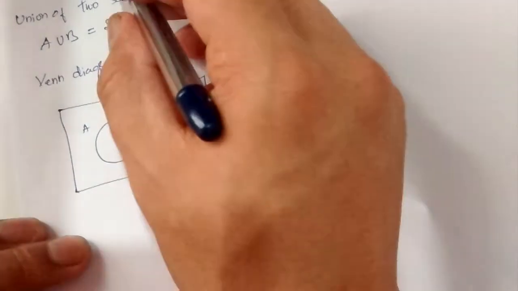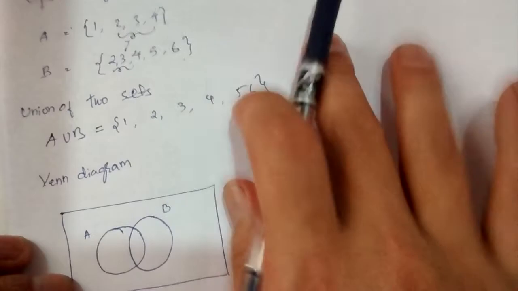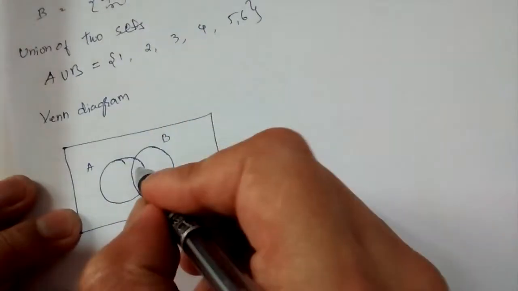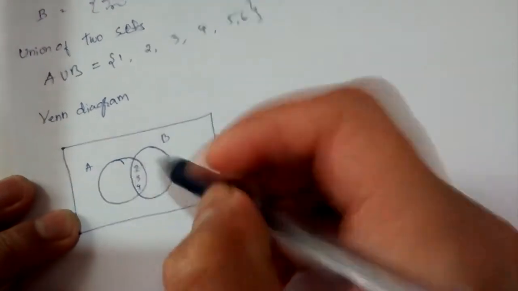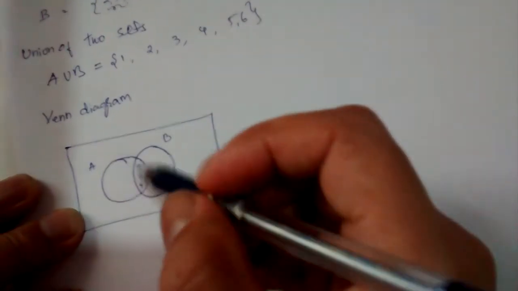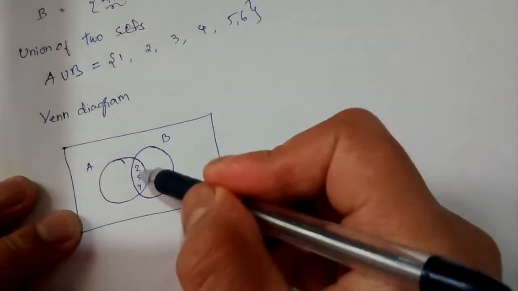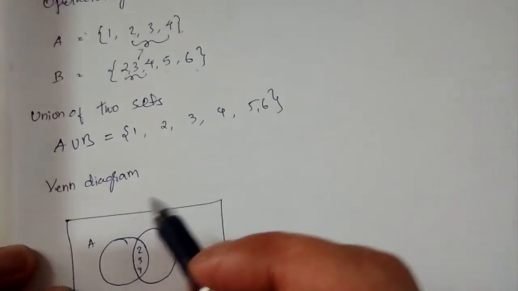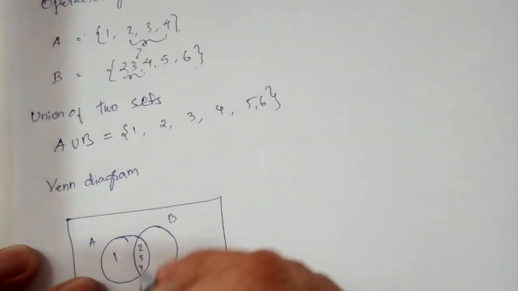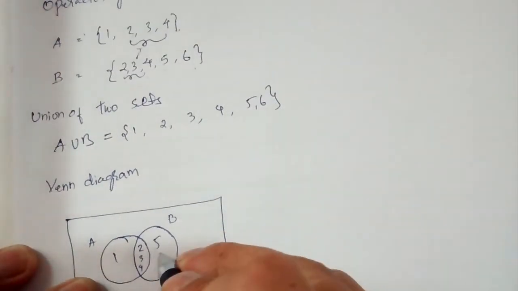Since the three numbers 2, 3, 4 are common to both set A and set B, this is where you write them, because this portion represents the commonness between the two. So you write the 1 here, 2, 3, 4 in the middle, and then the 5 and 6 over here.